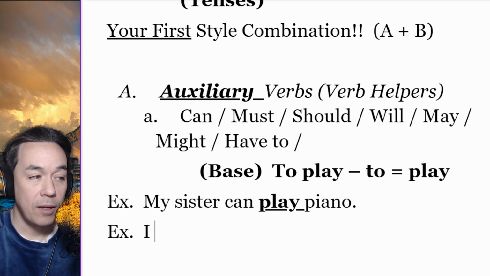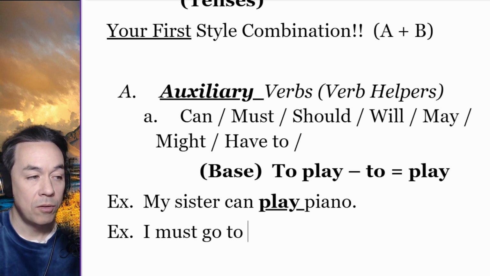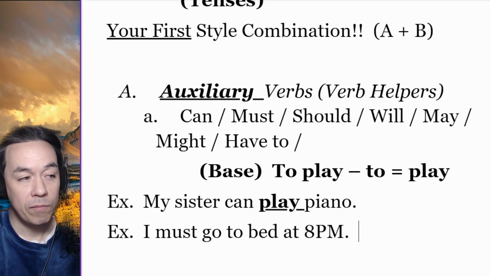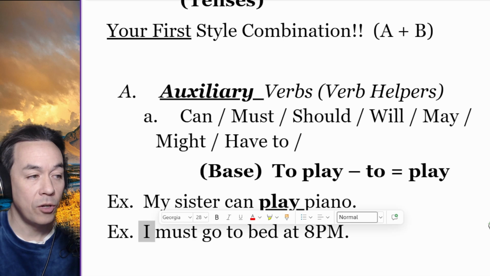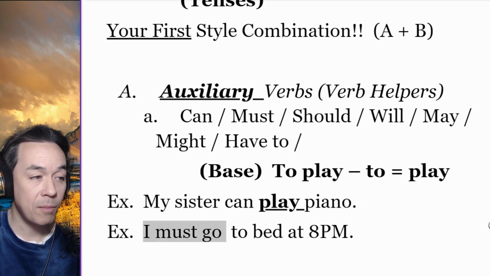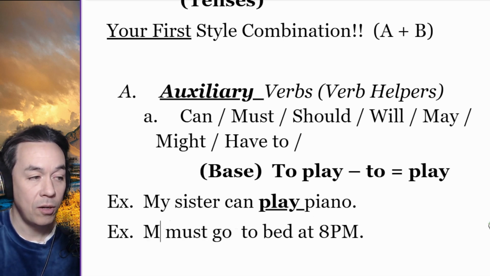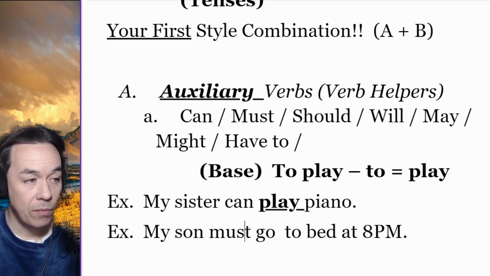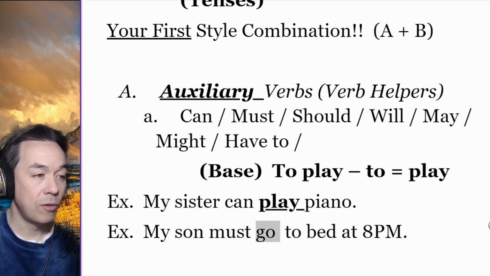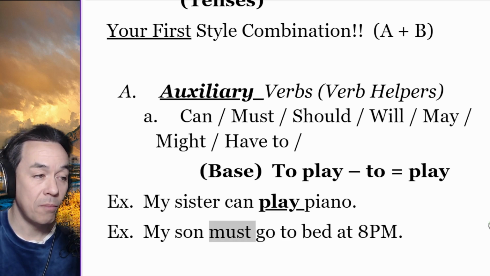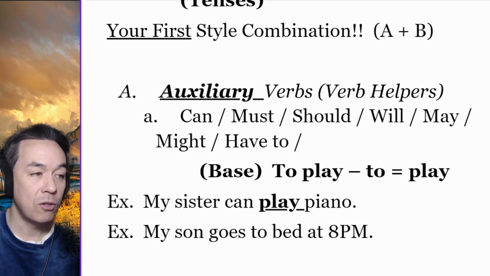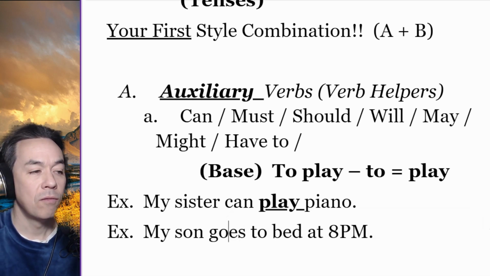So I must go to bed at 8 p.m. Okay, so I go to bed, I must go to bed, no change. But if we change it to my son must go to bed, right? If there's no must, then this changes to my son goes. That annoying S version is there.